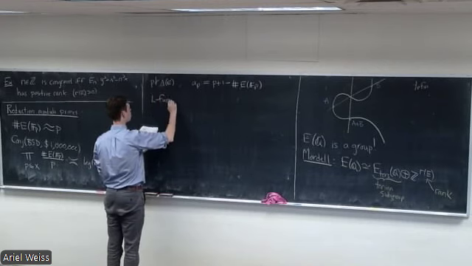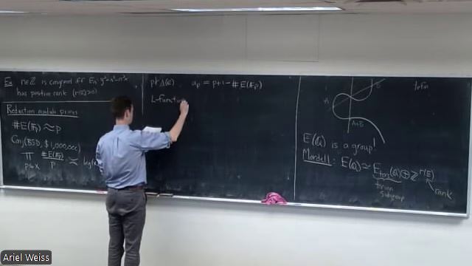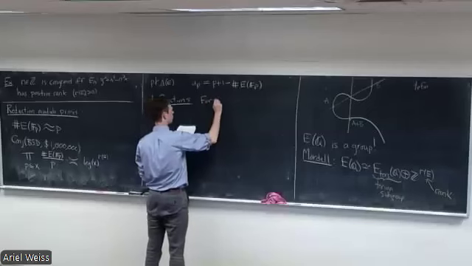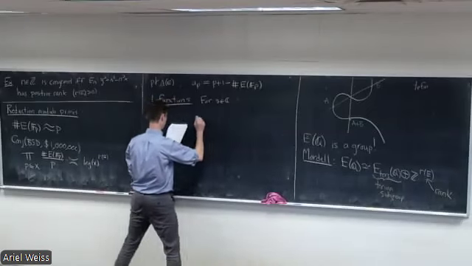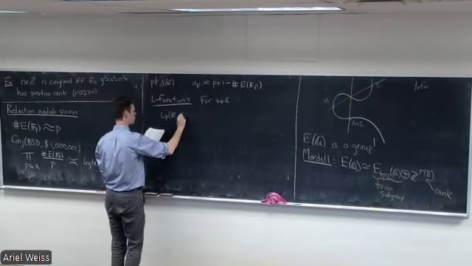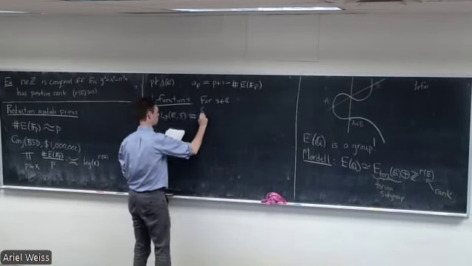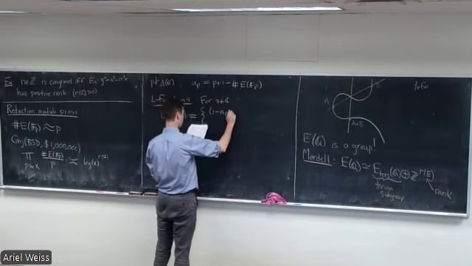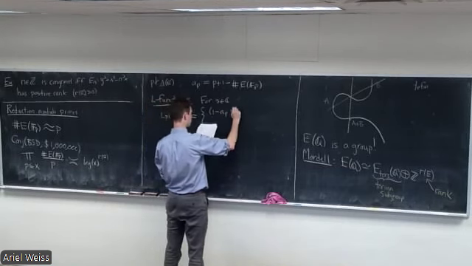And then we're going to define the L function associated to the elliptic curve. So for s a complex number, we'll first define these local L factors. Away from the bad primes, they'll look like this.